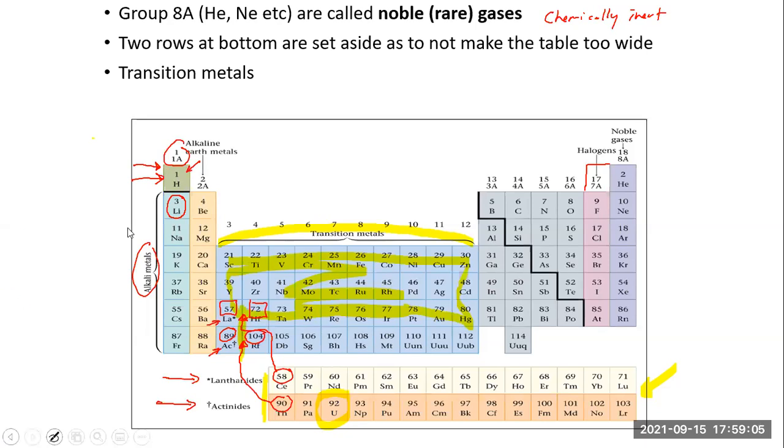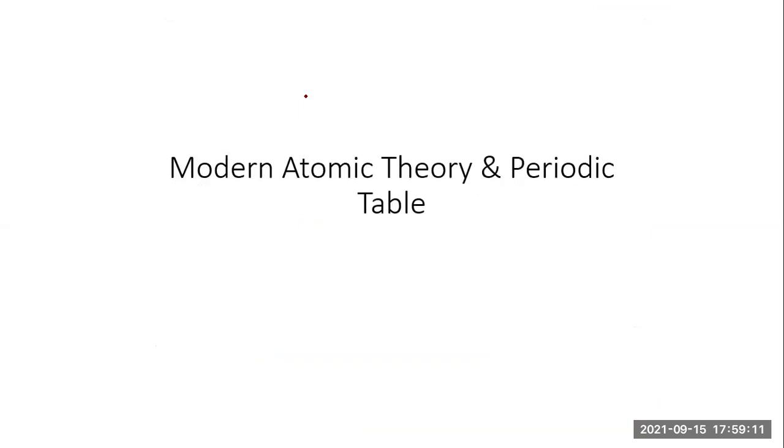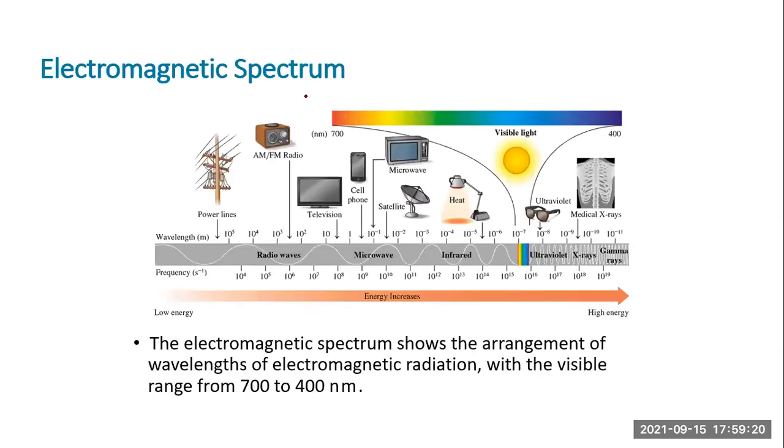So now that we've talked about the periodic table, and we talked about the atom earlier, we're now going to focus on electrons and electron configuration and how electrons are distributed within the atom. First off, when we have electrons, they are on different energy levels.